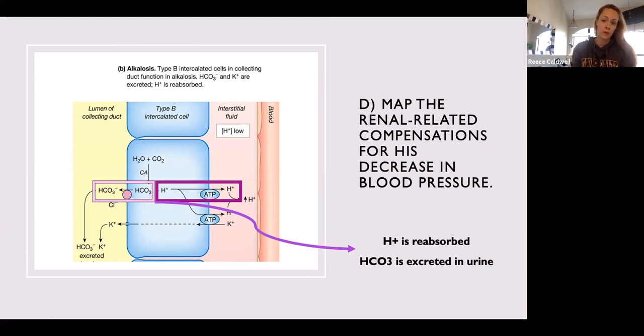So remember, metabolic is that inverse. Bicarb goes down, hydrogen goes up, and that's due to the hydrogen being reabsorbed into the bloodstream in the tubules of the nephron, and bicarb being secreted from the blood and then excreted in the urine.